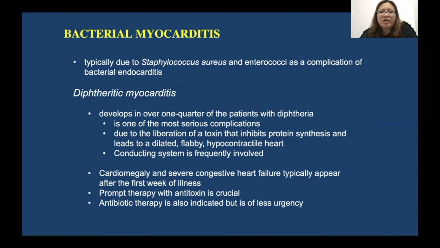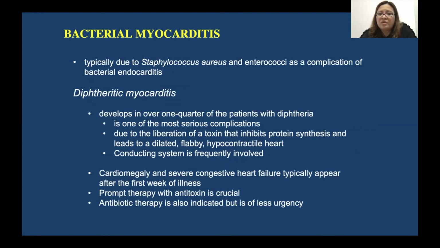Next is bacterial myocarditis. They can be secondary to staphylococcal infection or to enterococcus as a complication of bacterial endocarditis. Diphtheritic myocarditis develops in over 1/4 of patients with diphtheria, and this is one of the most serious complications of diphtheria.